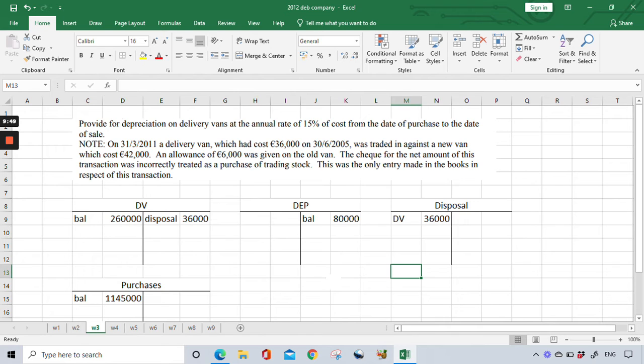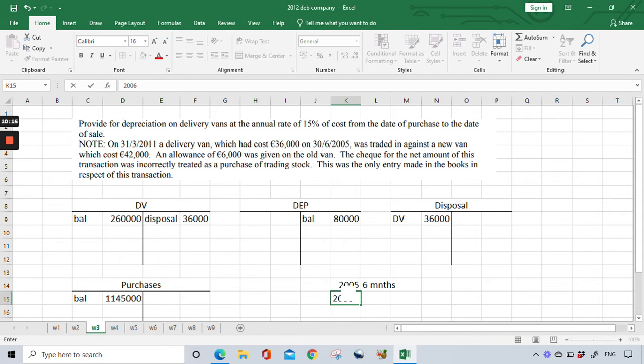When we dispose of an asset, we also have to dispose of its depreciation. So that's what I'm going to work out now. I'm going to count the months. So as you can see up here, the van was bought on the 30th of June 2005 and sold 31st of the 3rd 2011. So 2005, 6 months.